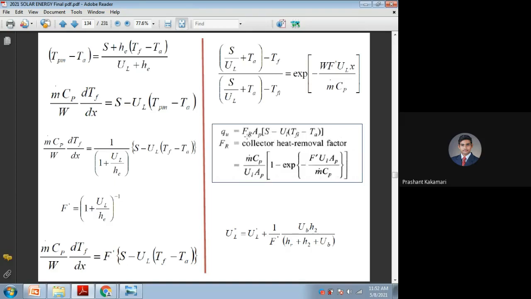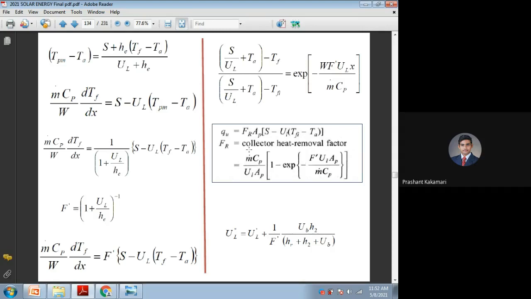So either by the collector efficiency factor or the heat removal factor, one can find the useful heat gain by a fluid like air. I hope this point is clear to everyone. Any one of the equations you can use to find the useful heat gain.